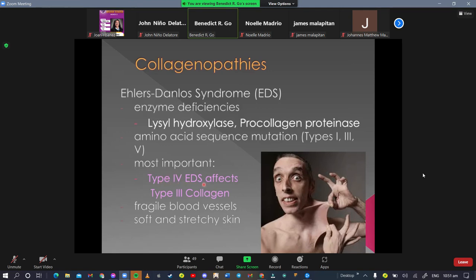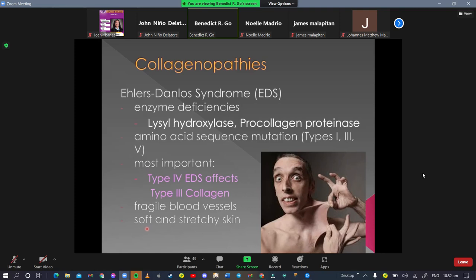It's important because type 3 collagen, I mentioned earlier, is also found in your vascular tissue or your blood vessels. If you have fragile blood vessels, then you are potentially prone to what? Vessel rupture and hemorrhage. And incidentally, you also have soft and stretchy skin.